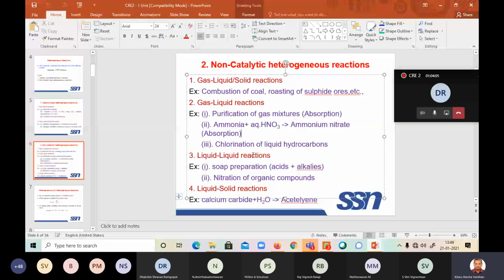Liquid reactions are giving a solid product. Because I told you, heterogeneous means either the reactants can be in different phases or the products also can be in different phases, right? Even if one different phase is there, then it is heterogeneous. Did I answer your question or are you confused? Yes, sir, I got it, sir.